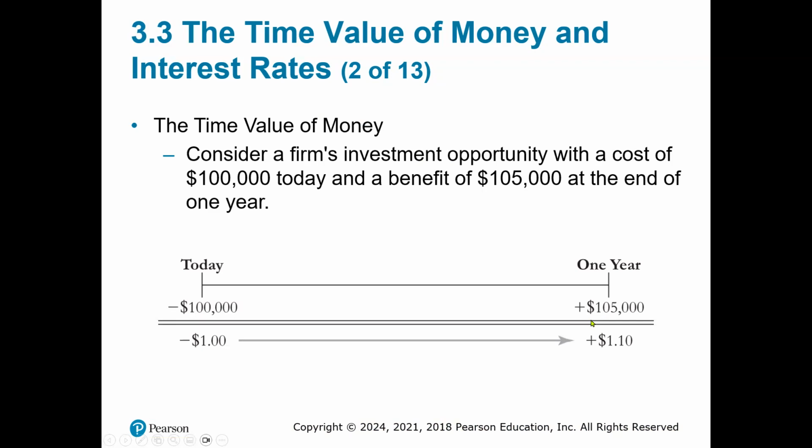And below the line, there's a negative $1. But in 1 year, you'll have a positive $1.10. So you see here that the arrow points to a positive $1.10 from the negative $1.